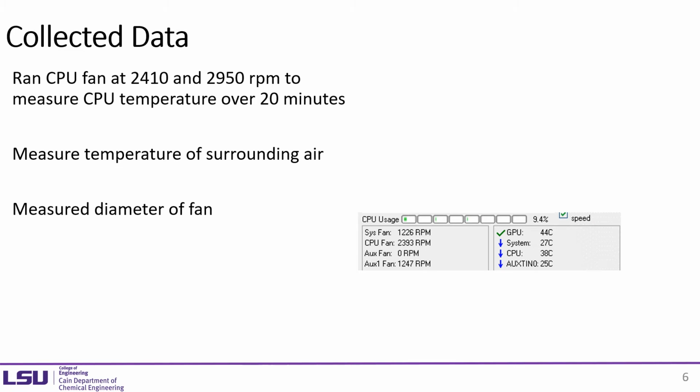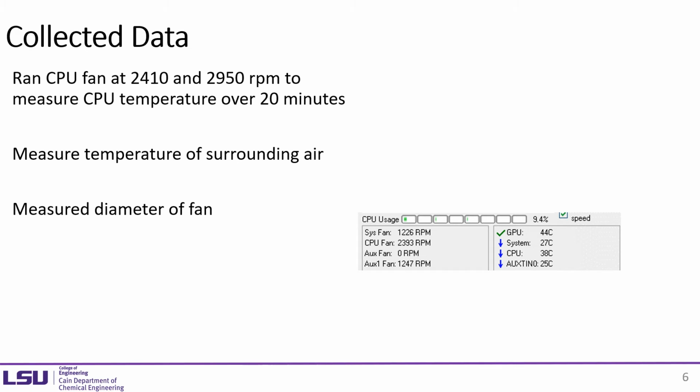So in actually measuring this data, I set a low CPU usage and a high CPU usage. And this caused the CPU temperature to increase, which increased the CPU fan speed. And so what we got is two CPU fan speeds at 2,410 and 2,950 revolutions per minute.